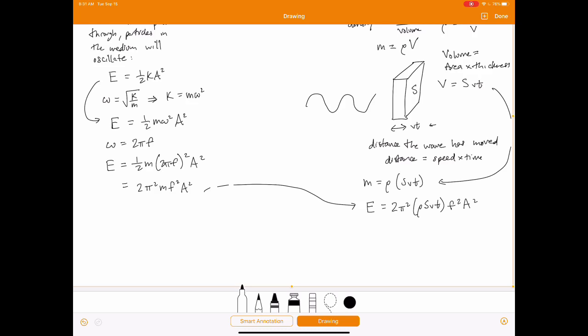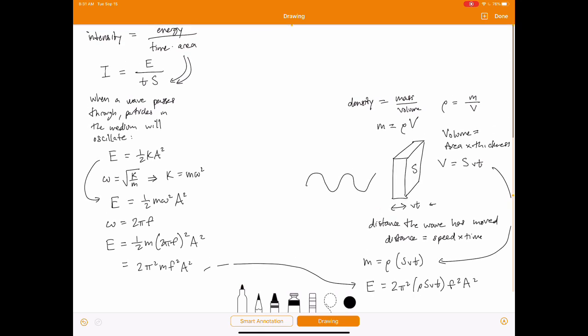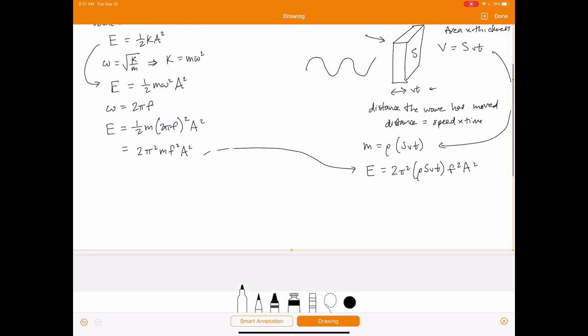Remember, at the very beginning, the whole point of this is to come up with some expression for intensity. The intensity of the wave is the energy that passes through this surface divided by time divided by the area. So we have this formula for the energy. To get the intensity, we take that expression for the energy and again divide by time and area.